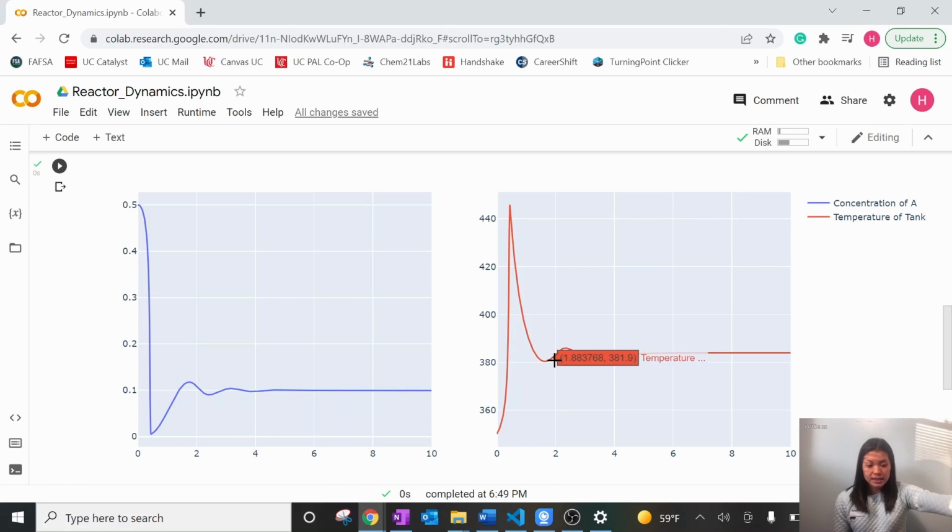And then because of that, there begins to be more of A, so the reaction begins to increase again, and the temperature begins to increase, and so more is being consumed, and it kind of does this oscillation until it eventually reaches its steady state over here on the right.